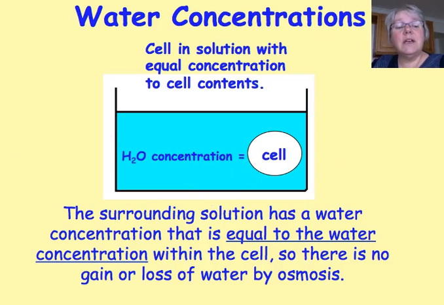So if we were thinking of these cells in a situation like this, if we had a cell in an equal water concentration, then the cell wouldn't gain any water, or it wouldn't lose any water, so it wouldn't lose any weight or any mass.